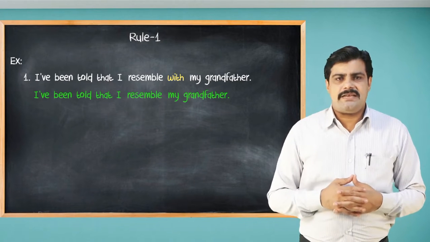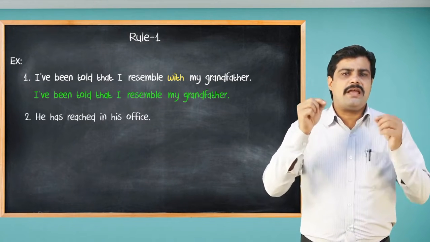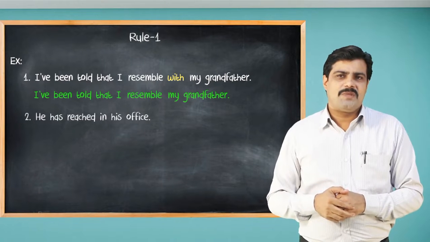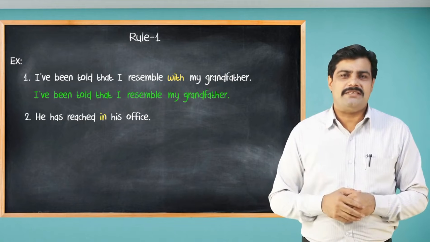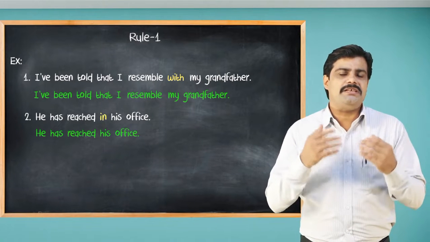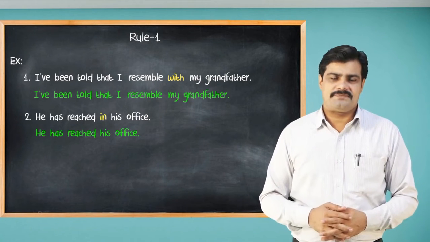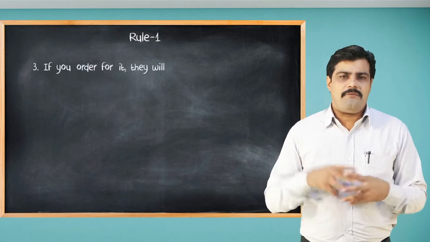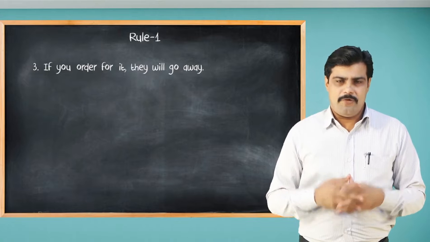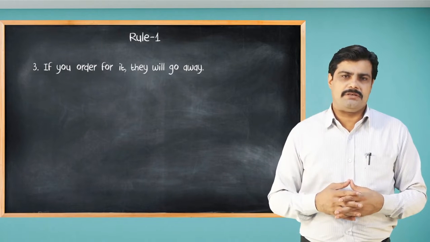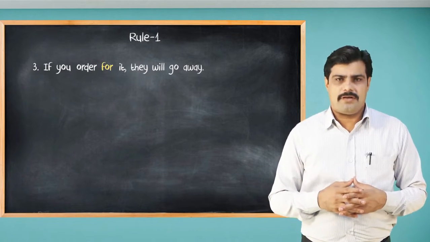Let's take another sentence. He has reached in his office. The preposition in is wrong here. Erase it and say the sentence, he has reached his office. Another sentence, if you order for it, they will go away. Now here the preposition for is wrong.